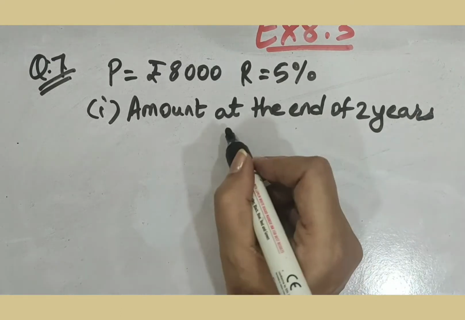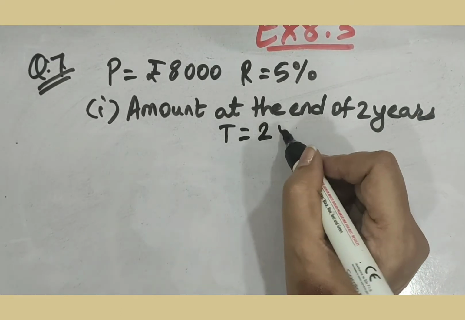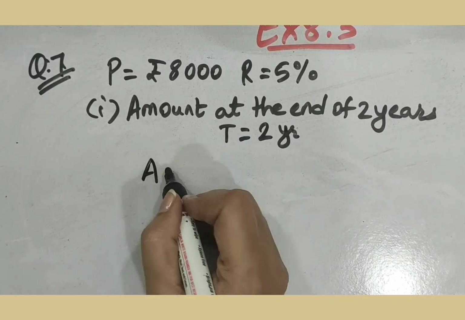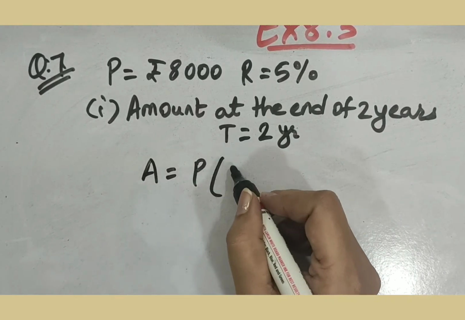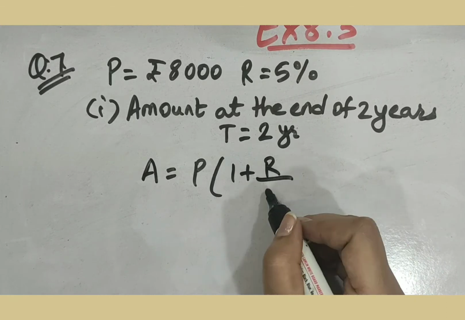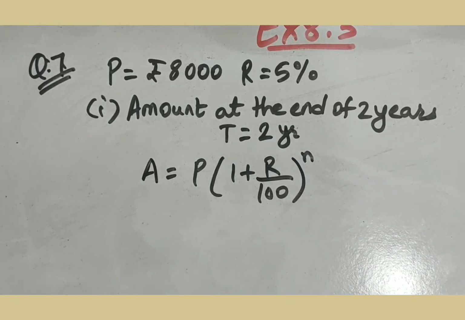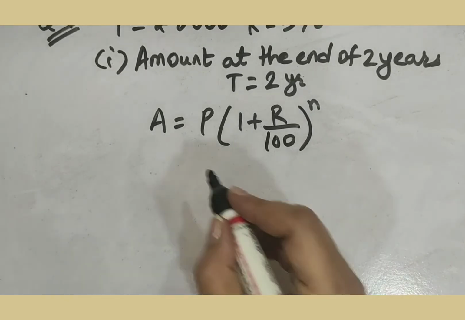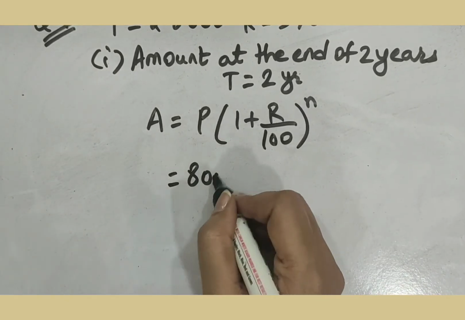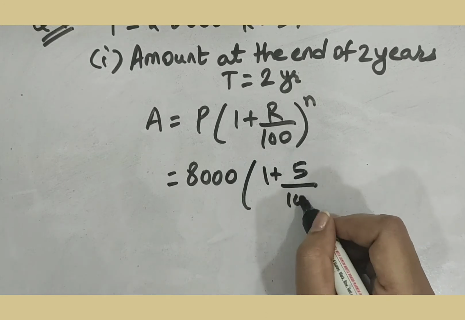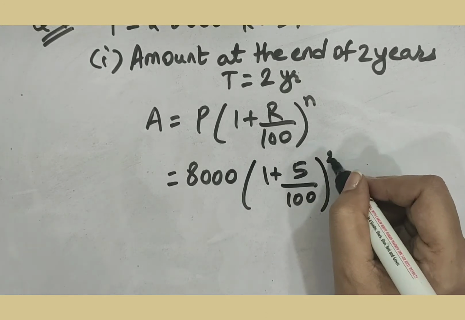So here my time will be 2 years and interest is compounded annually. So we will use the formula A is equal to P into 1 plus R upon 100 whole raised to n. So that will be equal to rupees 8,000 into 1 plus 5 upon 100 whole square.